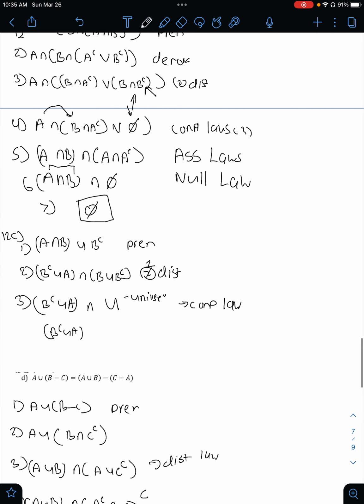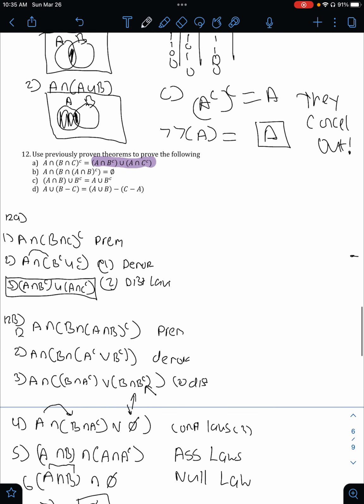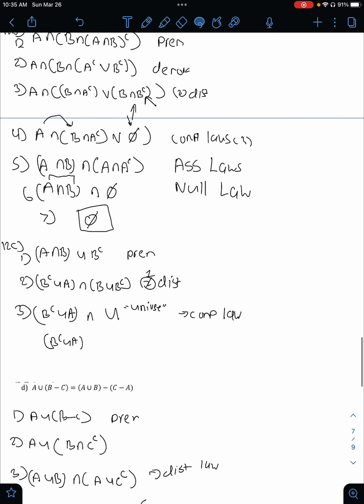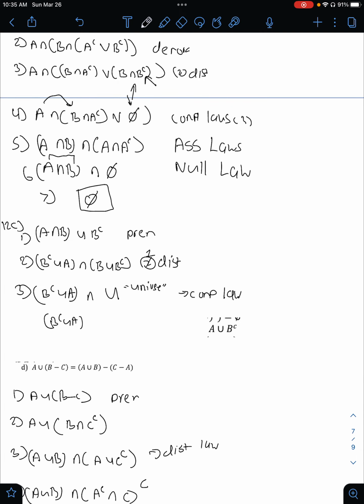Okay, now for 12C, what we're trying to prove is that it's A. Let me bring it over actually, so this is what we're trying to prove, just so you guys can see it better. So we're starting with our premise, and we can just distribute the B complement. So we get B complement and A, or B and B complement.